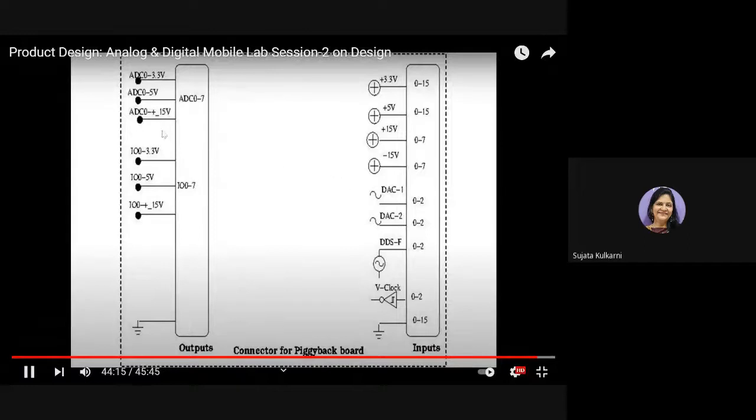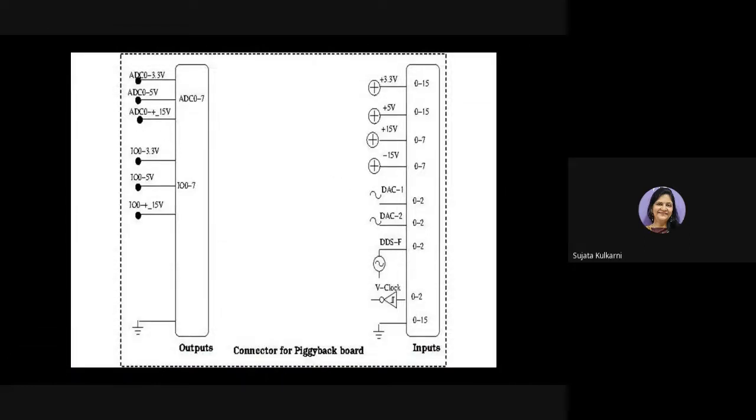Like in a computer, you have the slots called ISA slots, PCI slots. Similarly, here we have provided these 40-pin slots so that you can interface these Piggy Backboards or experimental boards based on the subject.